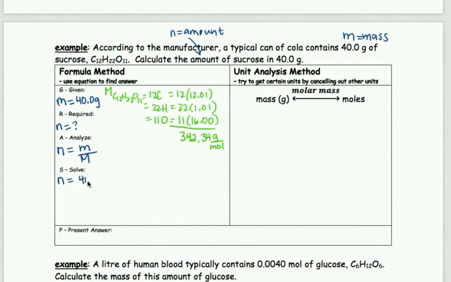So 40 grams divided by 342.34 grams per mole. I'm going to show you in a second when this is done how to figure out the unit here, but it helps if you just memorize them, then you're good too.